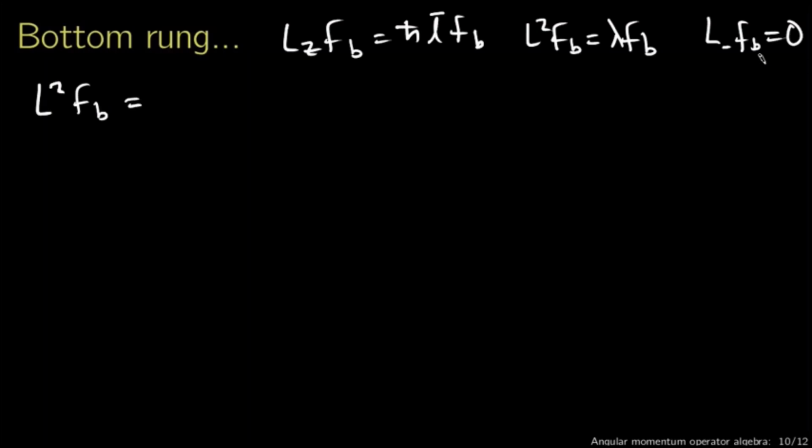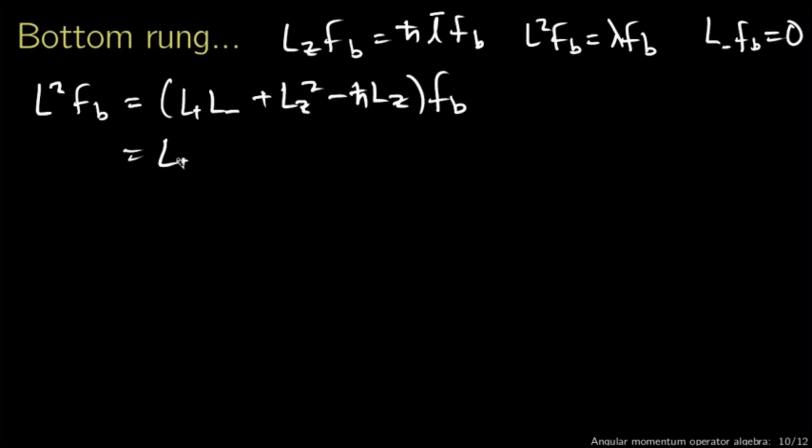Since I know what the lowering operator does to the bottom rung case, I'm going to use my expression for L squared from a few slides ago that uses the lowering operator first. So L squared f_b, substituting in my expression L plus L minus now, instead of L minus L plus like we used in the case of the top rung, plus Lz squared minus h bar Lz, f_b. So that's our expression. And once again, I know what each of these terms does. If I expand this out, L plus L minus f_b plus Lz squared f_b minus h bar Lz f_b.